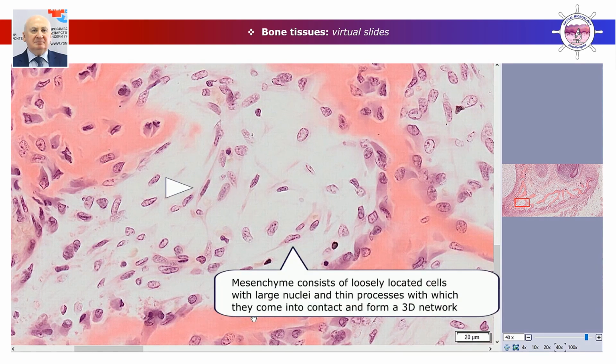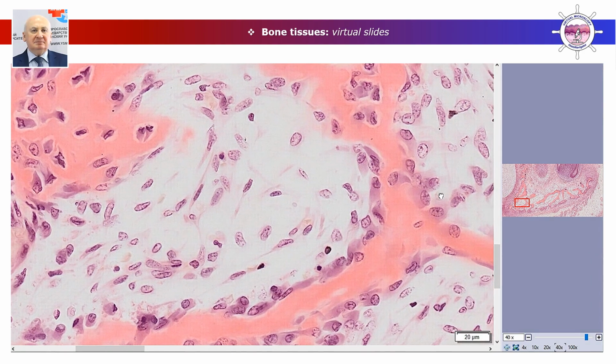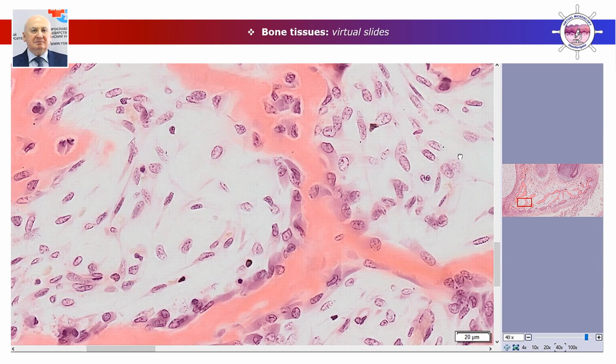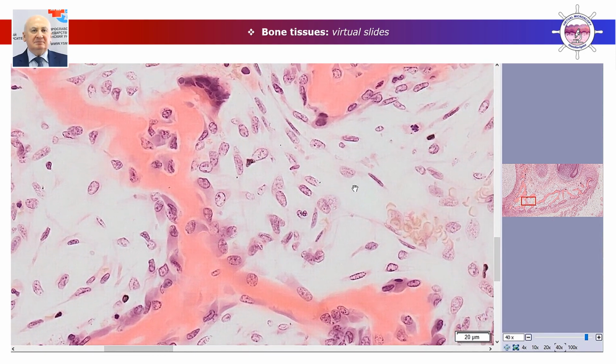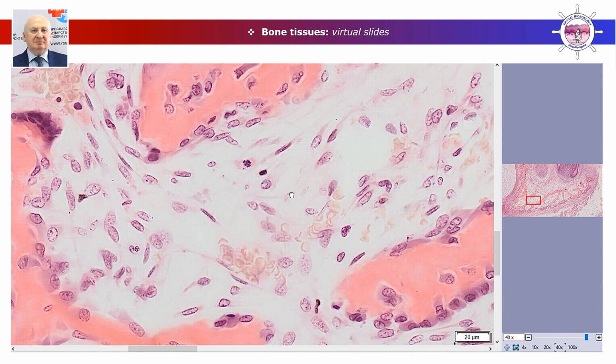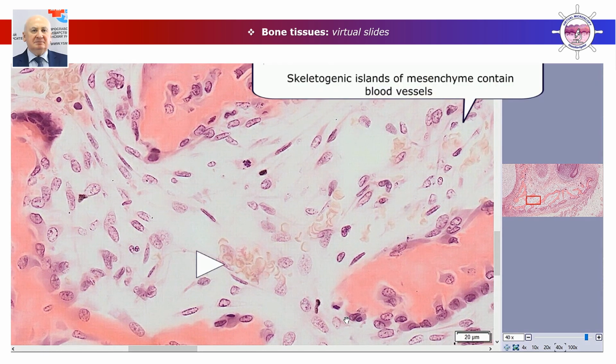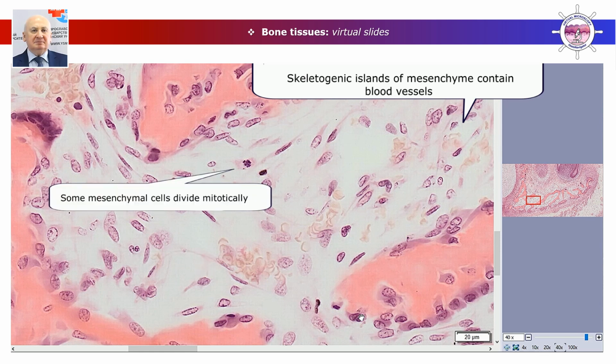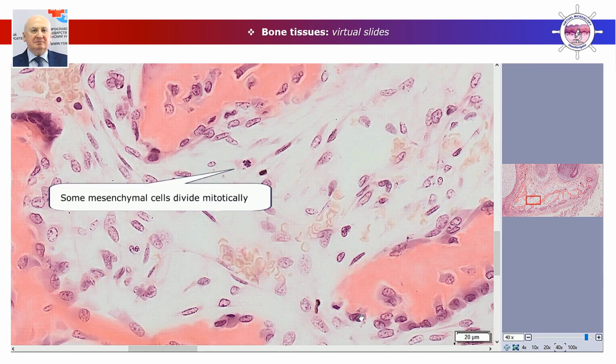Mesenchyme consists of loosely located cells with large nuclei and thin processes with which they come into contact and form a three-dimensional network. Skeletogenic islands of mesenchyme contain blood vessels filled with erythrocytes, the wall of which is formed by a single layer of endothelial cells. Some mesenchymal cells divide mitotically.